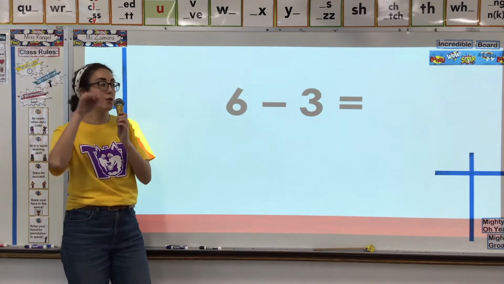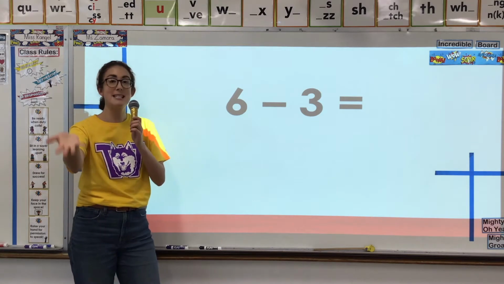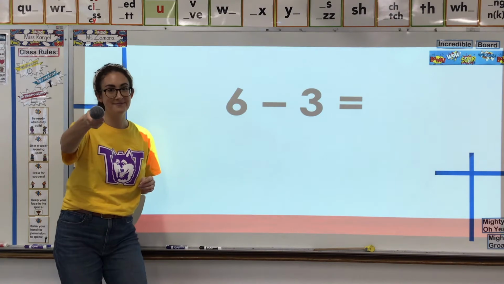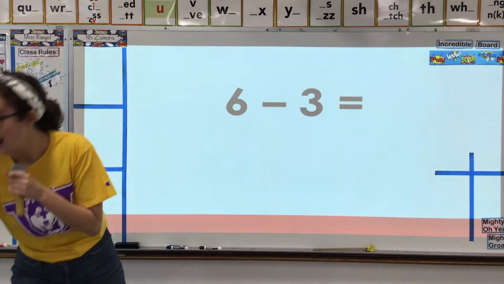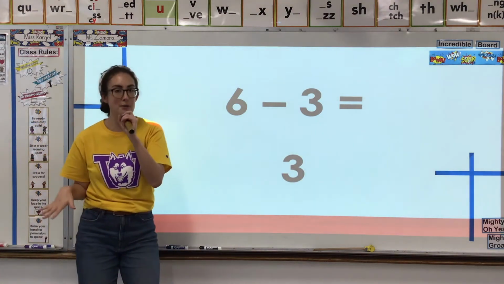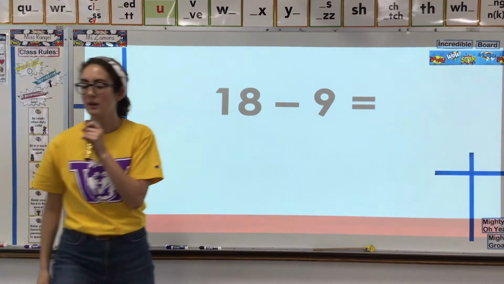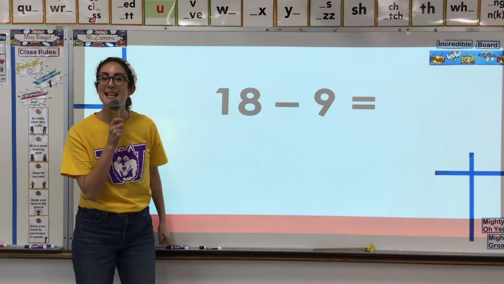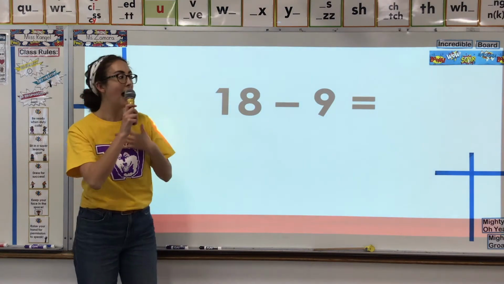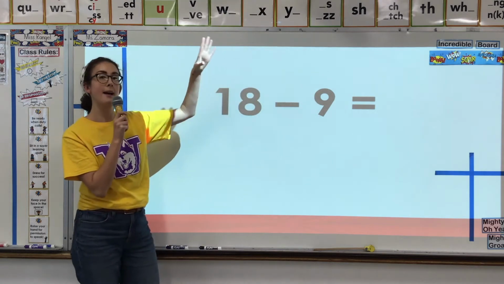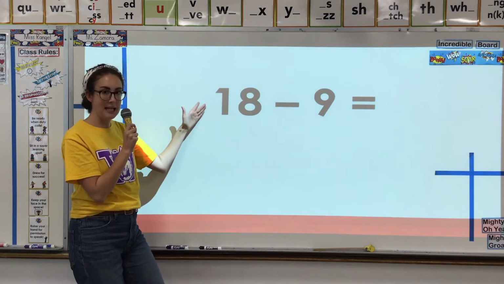6 minus 3. We're taking away 6 minus 3. What's the answer? 3, exactly 3. Good job. Okay, next one. Keep it up. Ooh, 18 minus 9. I know 9 plus 9 equals 18.